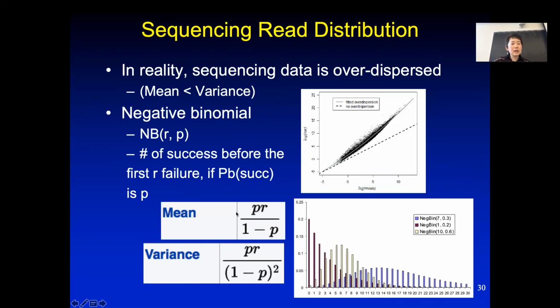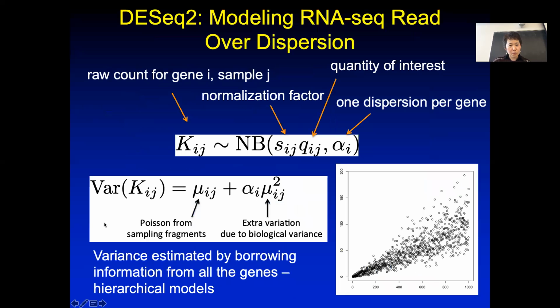So this is the coin flip way of defining negative binomial distribution, but you can also think about negative binomial in this way, which is you can ask, okay, what is the chance that in this sample on this gene, I'm going to see this number of reads if we know that they follow some negative binomial distribution.